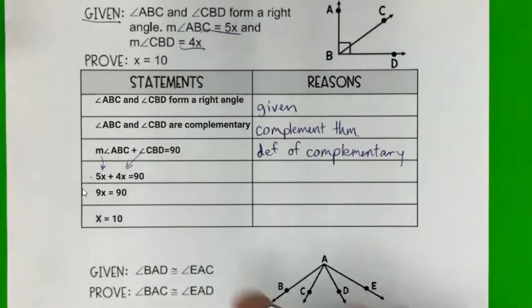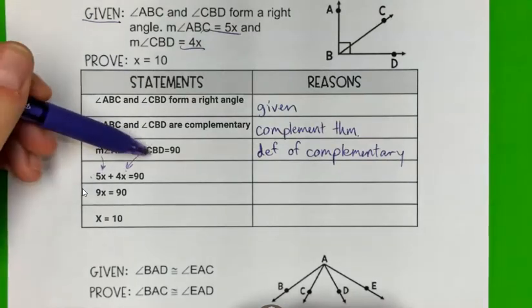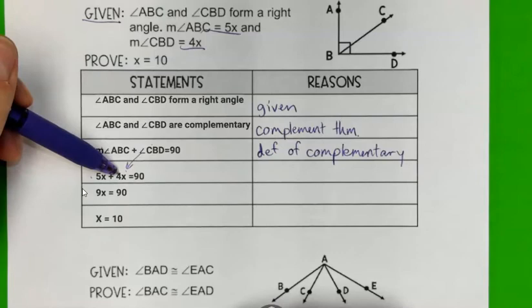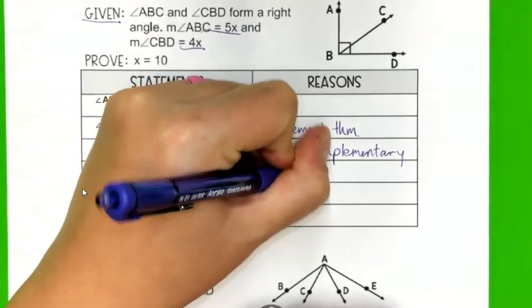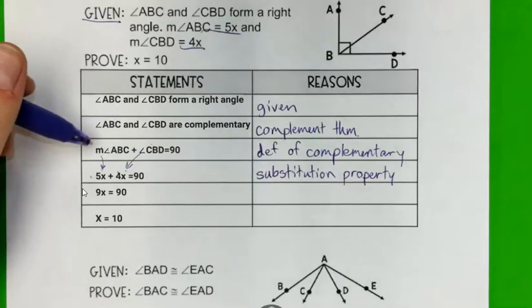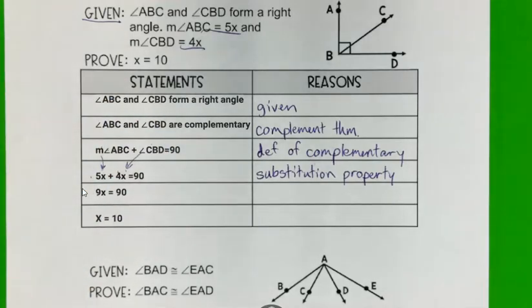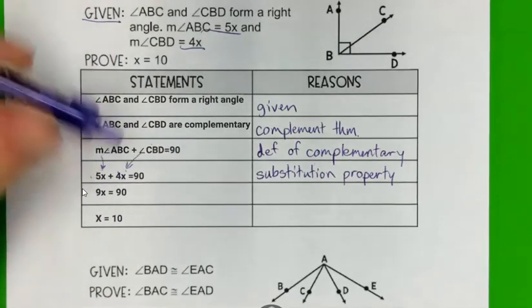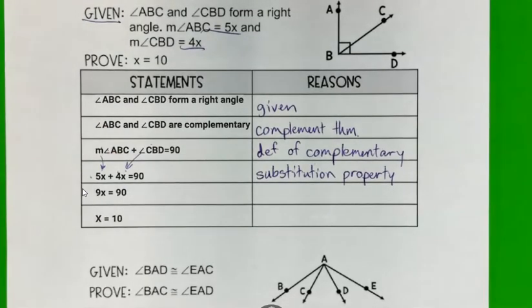In this case, you are just substituting 5x for ABC and substituting 4x for CBD. So it's just substitution property. It can't be transitive because there's not two things that equal the same thing, therefore they equal each other. Here we're just substituting 5x, substituting 4x, and then we move on.